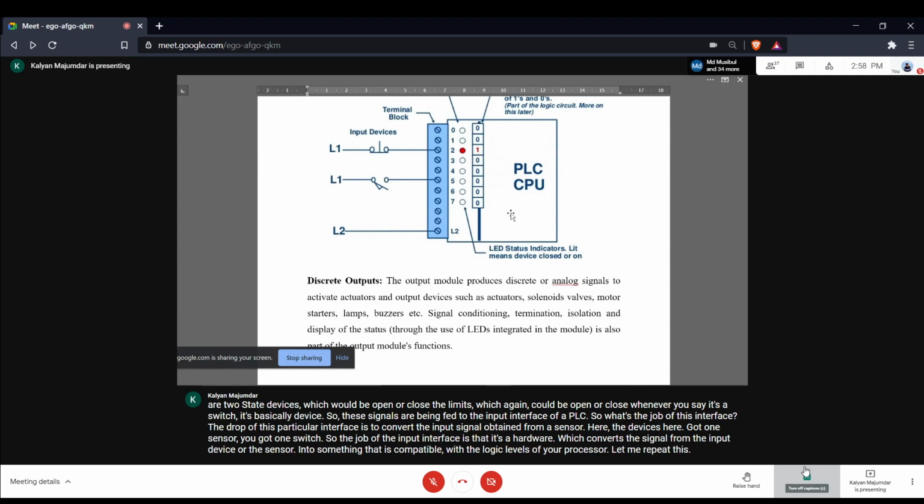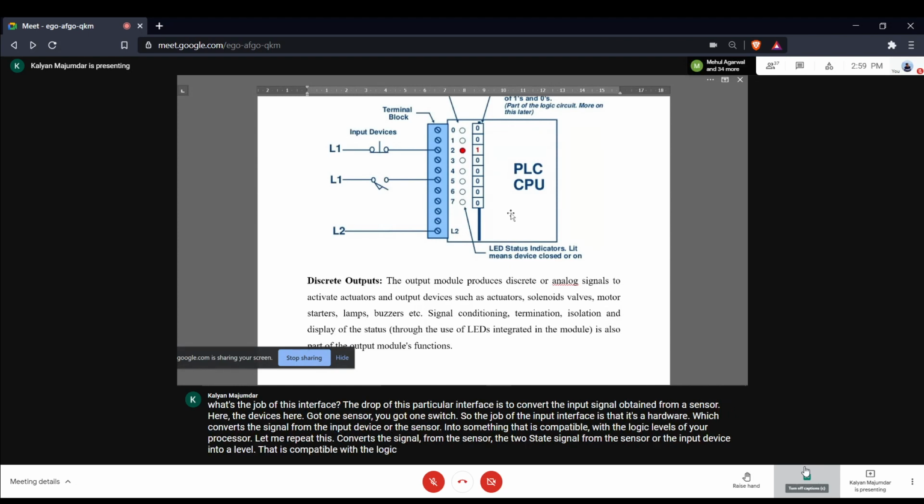Let me repeat this. It converts the two-state signal from the sensor or the input device into a level that is compatible with the logic levels of your processor.